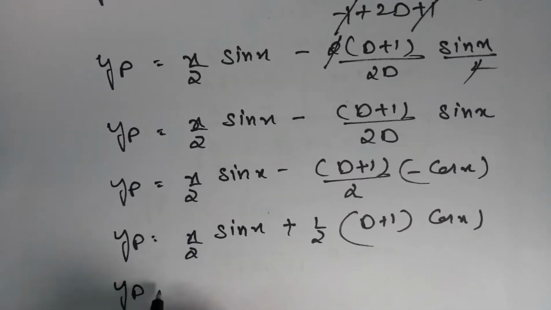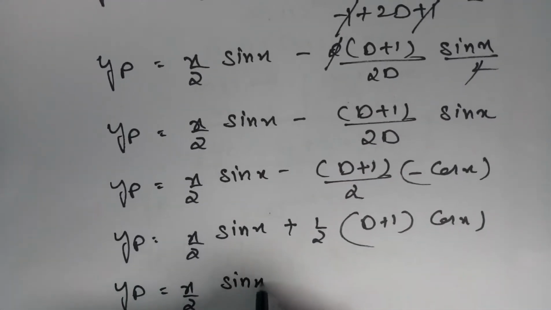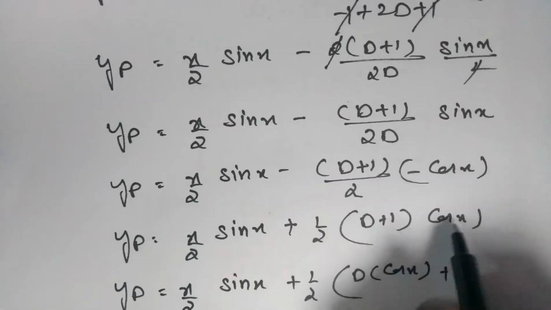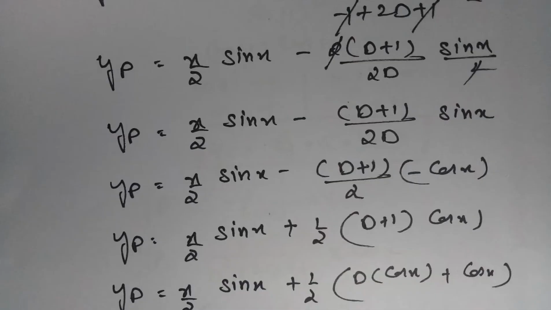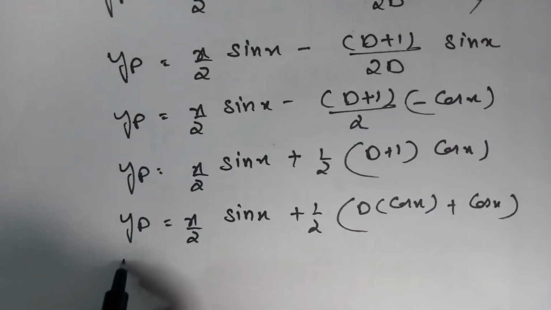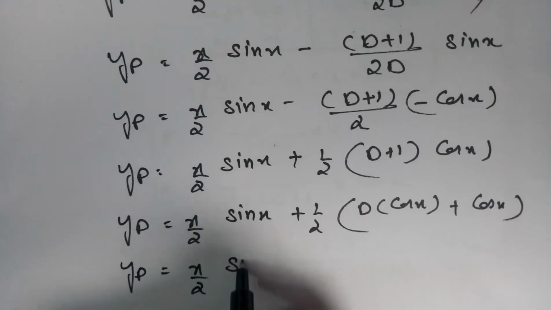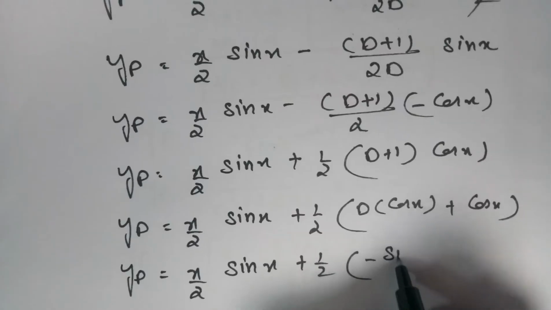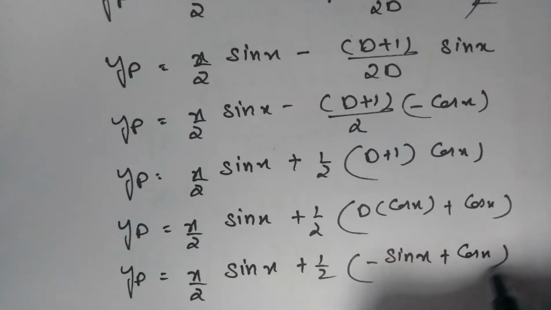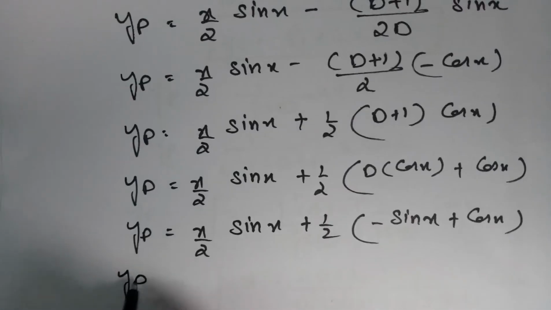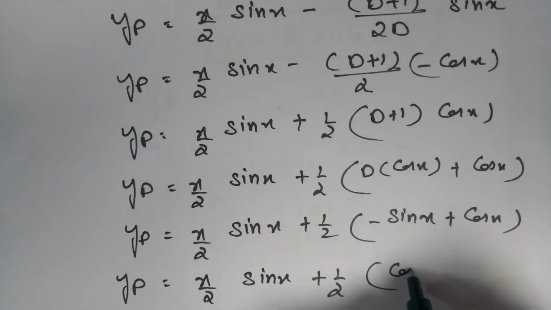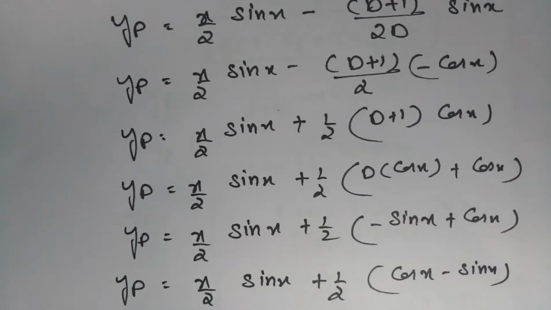Then yp is equal to x by 2 sin x plus half times of derivative of cos x plus cos x. What is the derivative of cos x? It is minus sin x. Then yp is equal to x by 2 sin x plus half times of cos x minus sin x.